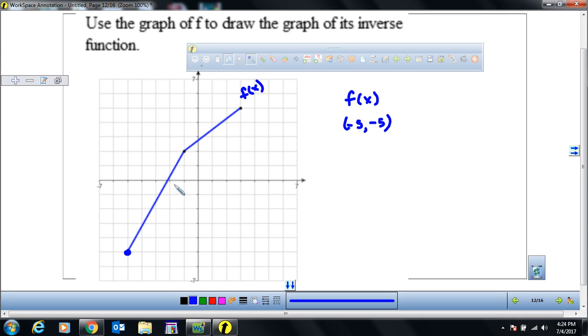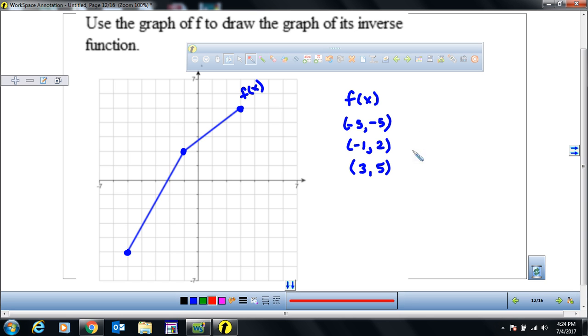It also passes through the point (-1, 2). It also passes through the point (3, 5). So those are the 3 points that we can see exactly on that graph.